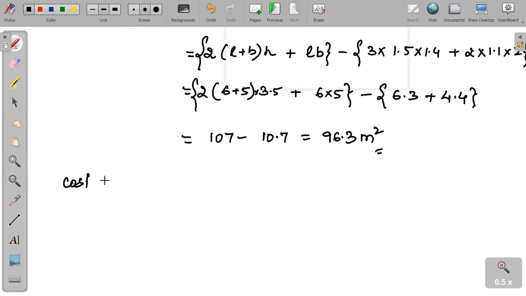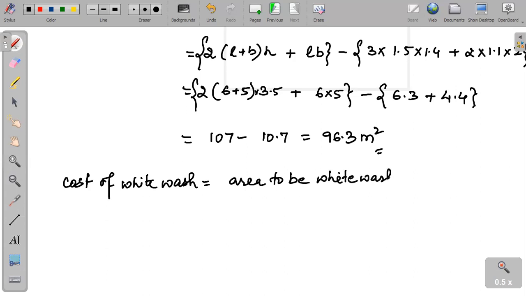Cost of whitewash is equal to area to be whitewashed into rate, that is equal to 96.3 into 5.30. It makes it 159.